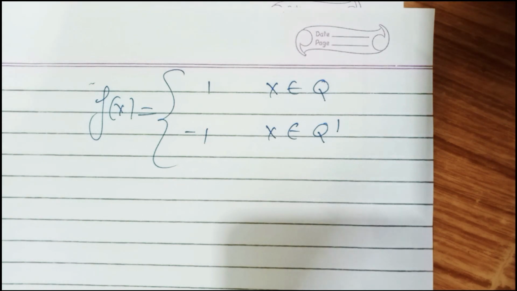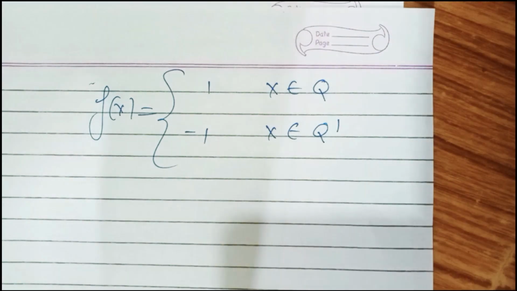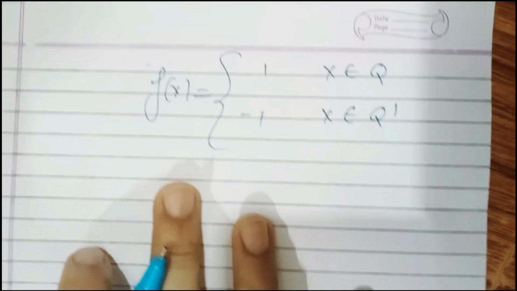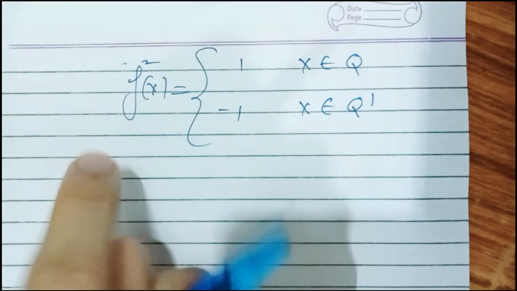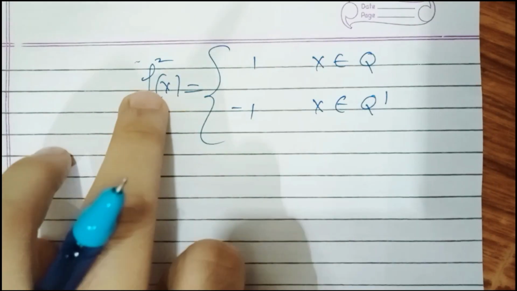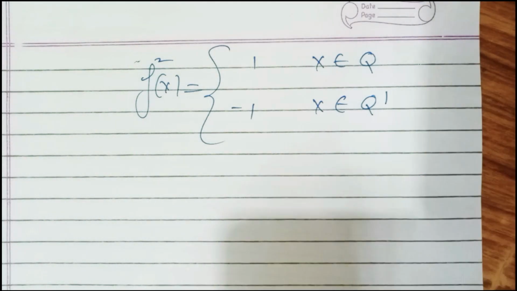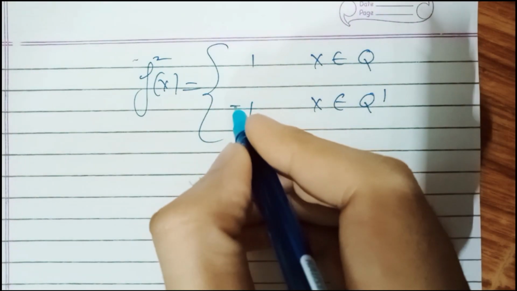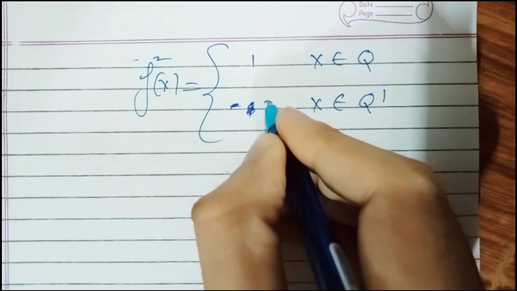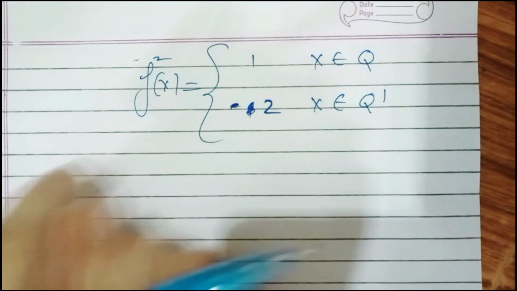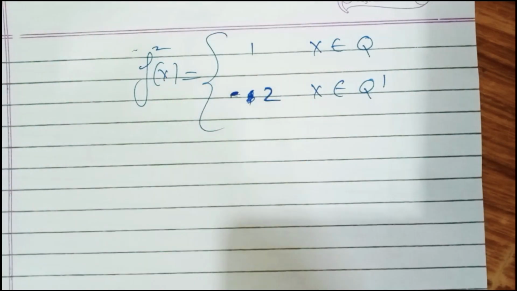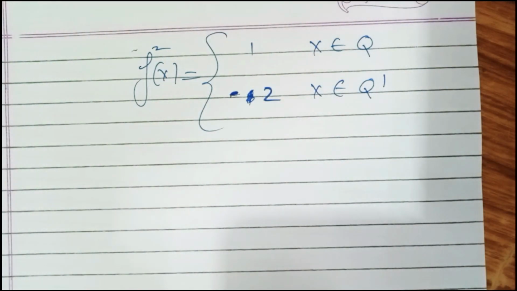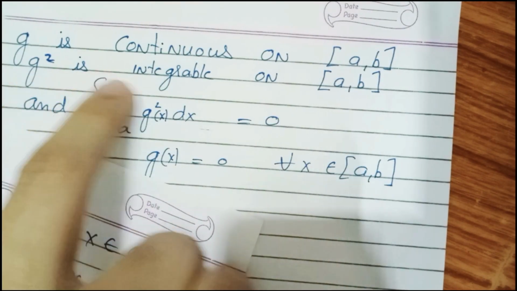That is true, but suppose I define f square this way. f square cannot be minus 1, so you can take it to be, say, 2. This is a perfectly valid function, and f square is not integrable. So there exist functions which are not integrable. That was the importance of this second condition, that g square is integrable. This assures us that g square is not a function of this sort.